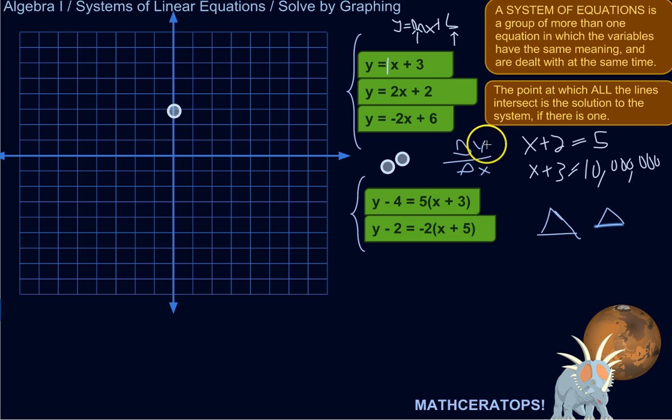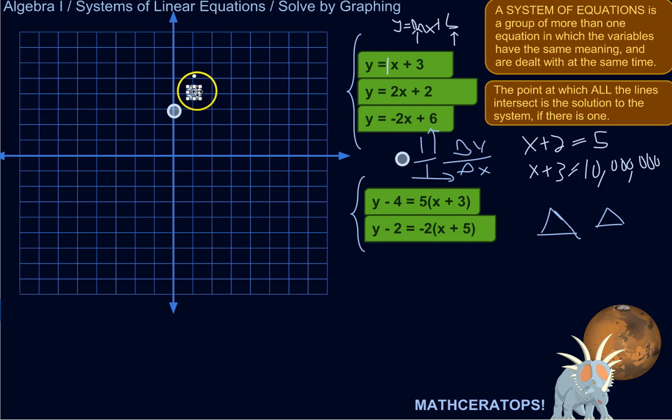That just means change. So, how does y change versus how x changes? If I have a slope of 1, let me just make that 1 over 1. Same thing, right? That means as I move to the right 1, I go up 1. So I'm going to move to the right 1 and up 1.